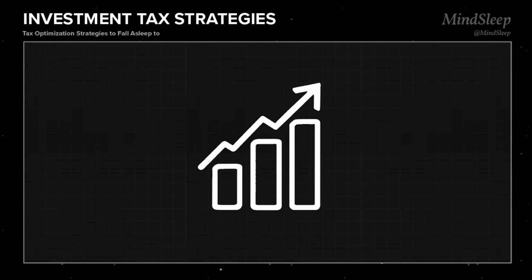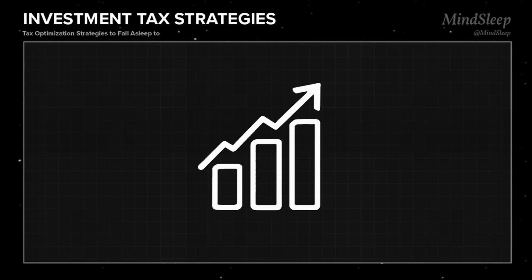As we progress deeper into the realm of investment tax strategies, we encounter the concept of tax-efficient asset location. This strategy involves placing your investments in accounts that will minimize their tax impact.